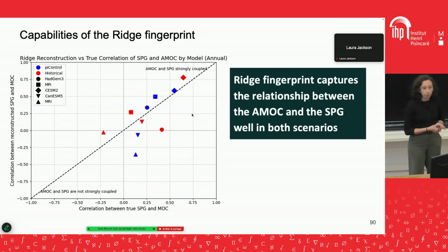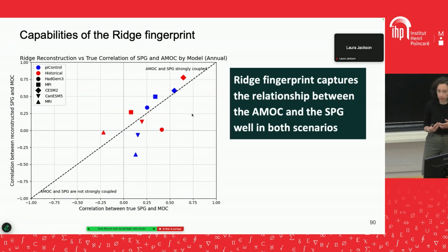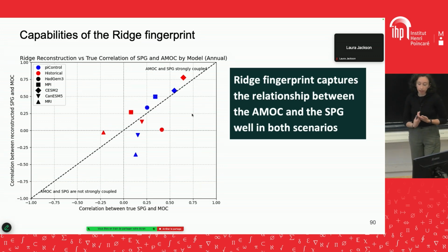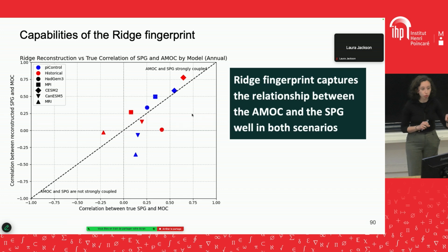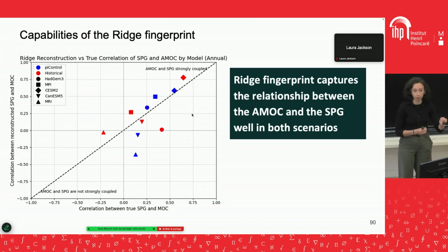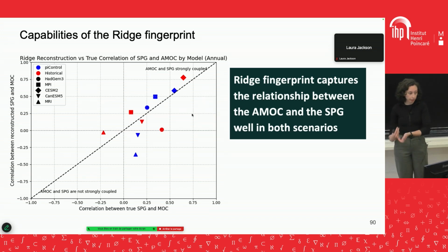Now, what else? How else can we test whether this fingerprint is good? On this plot, I have on the x-axis the correlation between the true SPG and the true AMOC within the model. And on the y-axis, I have the correlation of the fingerprint AMOC and the fingerprint SPG. Now, here I want to see, one, whether SPG and AMOC are correlated with each other in the model, and two, whether the fingerprint can capture this correlation.